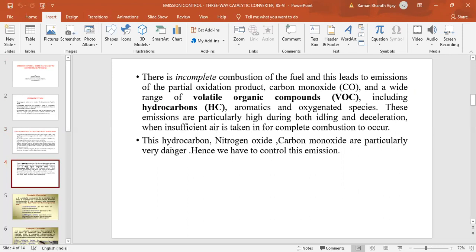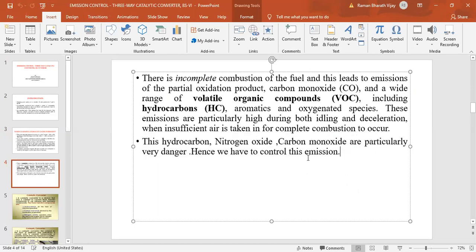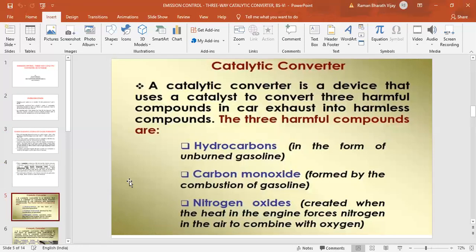You have to read about hydrocarbon, nitrogen oxide, and carbon monoxide. These are very dangerous, so we are in a position to control these emissions. We will go to the next slide. There, we have to know what a catalytic converter is first. So, catalytic converter. This is a slide.